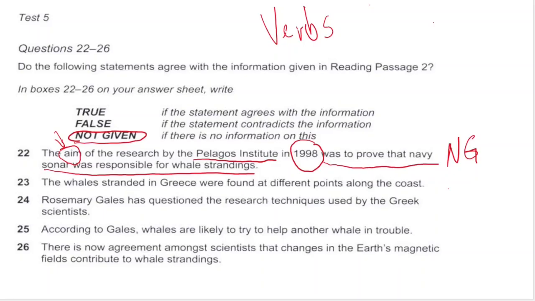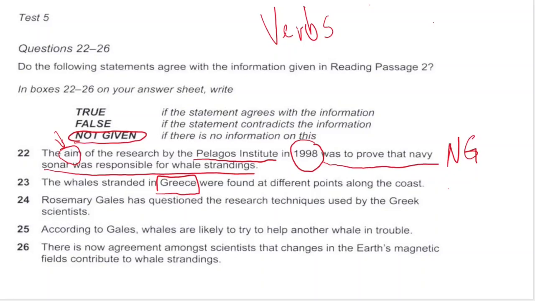The whales stranded in Greece were found at different points along the coast. Again, we have to find the keyword, and most of the time keywords are nouns, and the keyword in this question is Greece. It's very easy to find. Now, after the keyword, we need to understand the statement 100%.